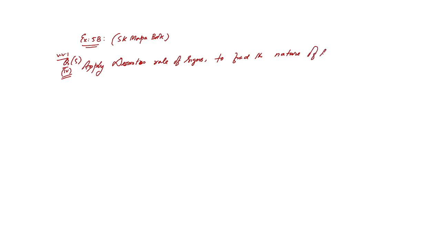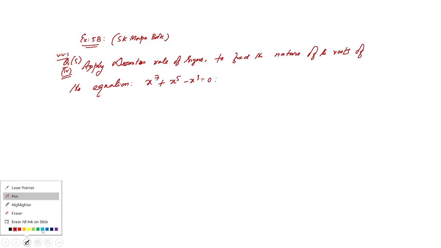Nature of the roots of the equation x to the power 7 plus x to the power 5 minus x cube equals 0. That means you need to show how many positive roots, how many negative real roots, how many real roots and how many complex roots are there. That we need to discuss.